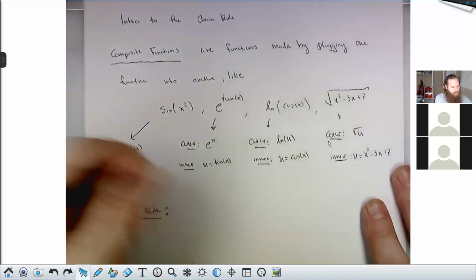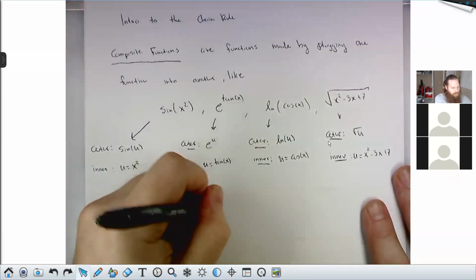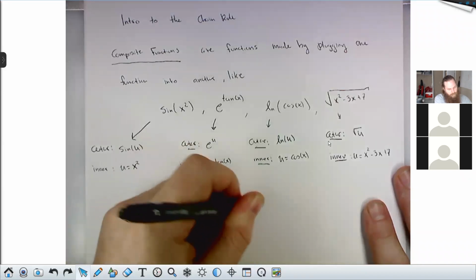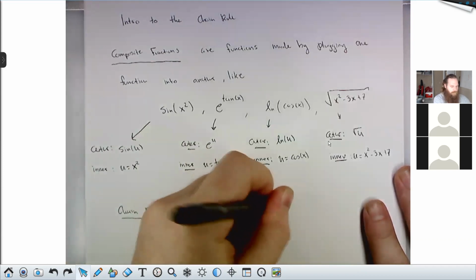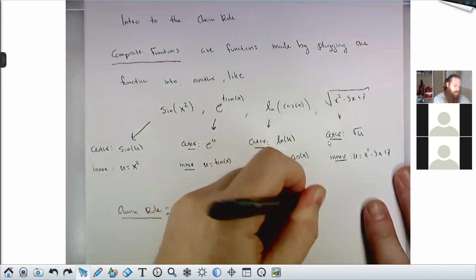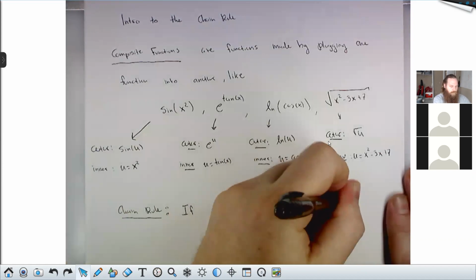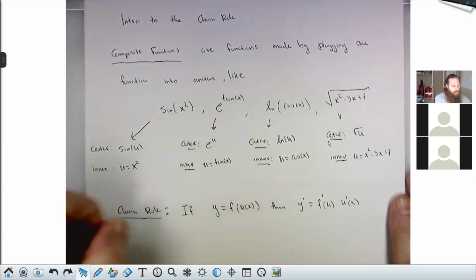It says that if your function is a composite, like y equals f of u of x, then y primed is equal to f primed of u times u primed of x. So you sort of differentiate the outer, leaving the inner alone, and then multiply by the derivative of the inner.